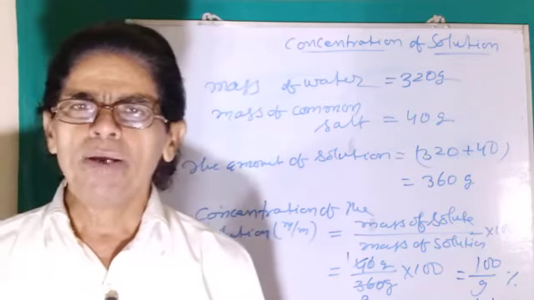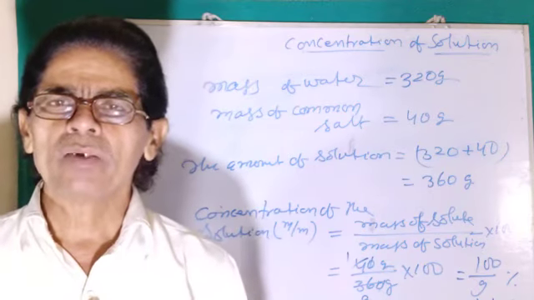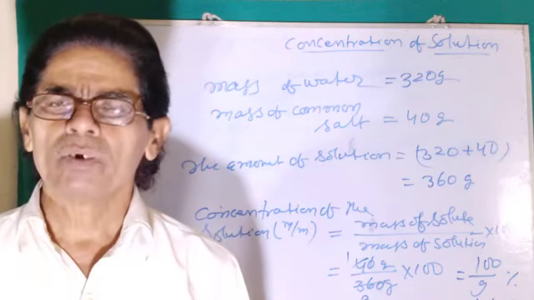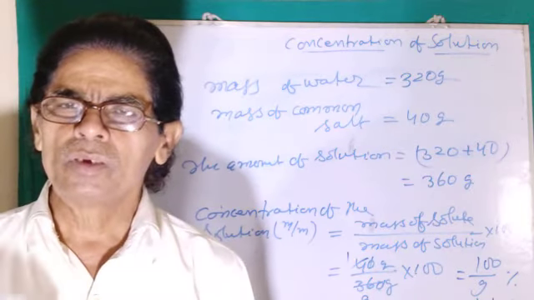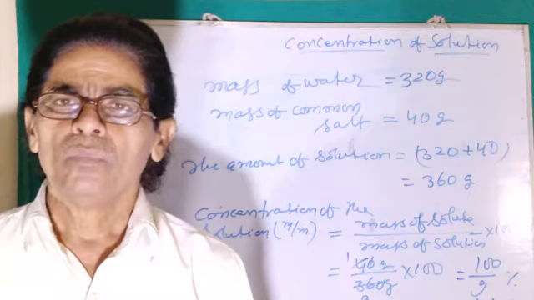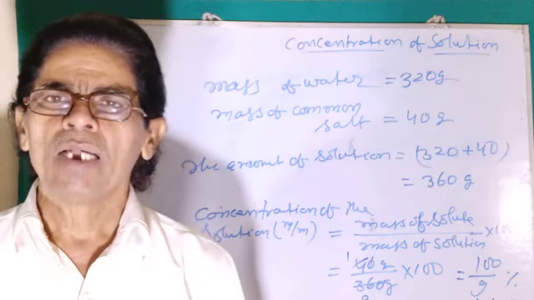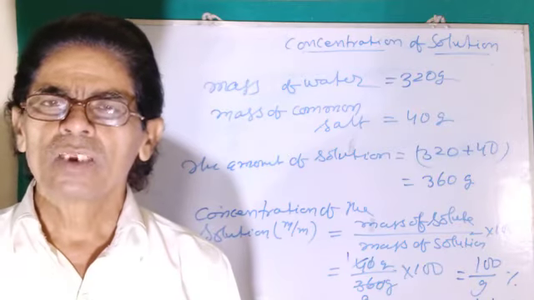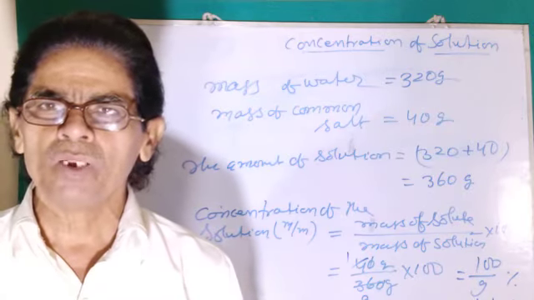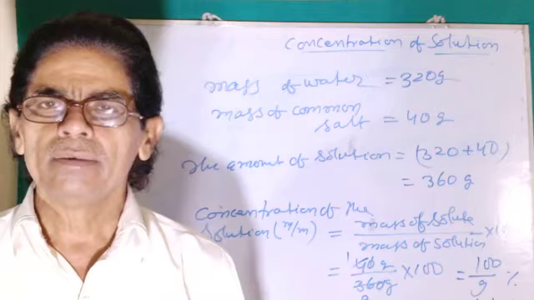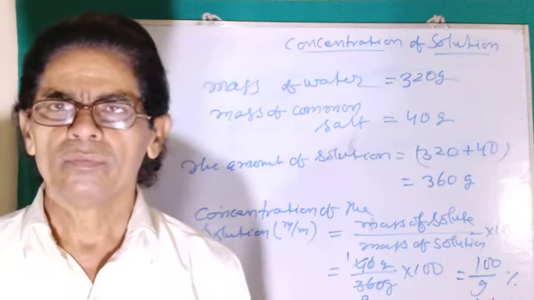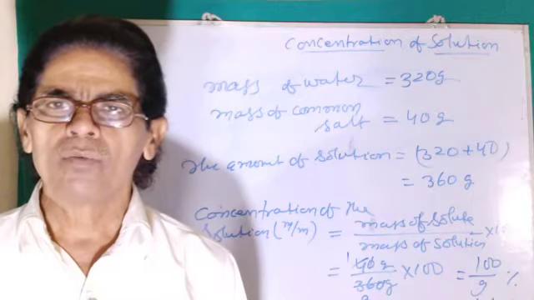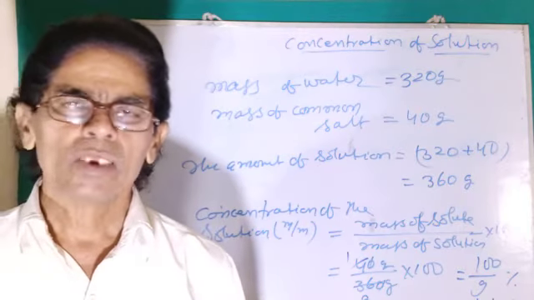So the movement of dust particles can easily be observed. This is nothing but due to the scattering of light by the suspended particles upon which sunlight is falling. So such a phenomenon is observed by the suspension.